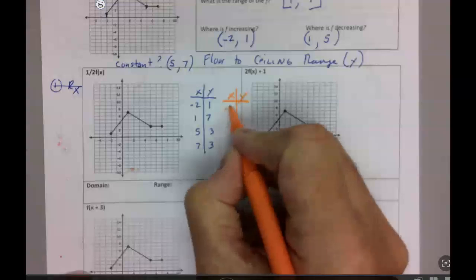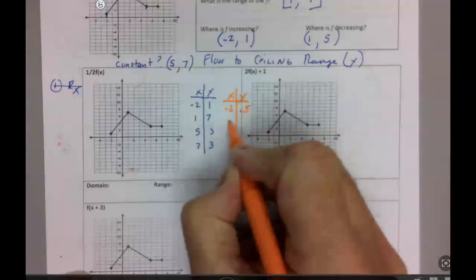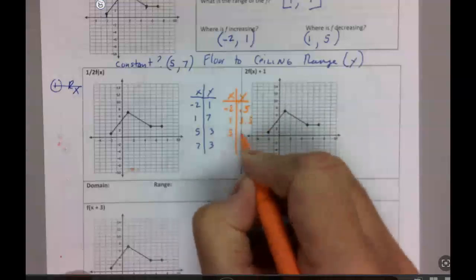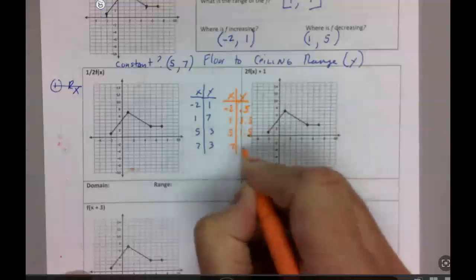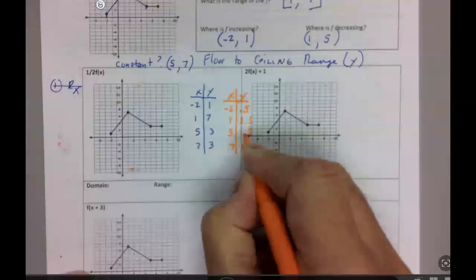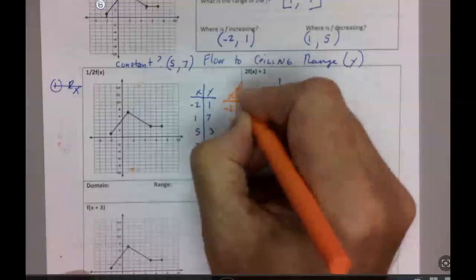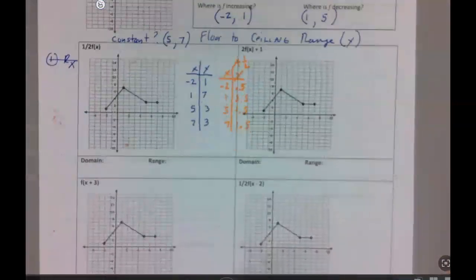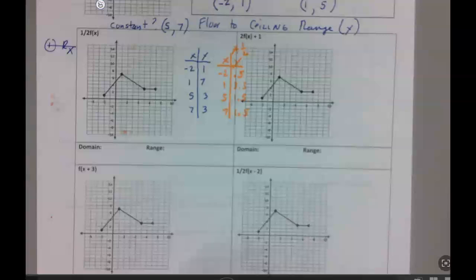So negative 2, 0.5. 1, 3.5. 5, 1.5. 7, 1.5. So I multiplied every one of these y values by 1/2. Okay? Yes or no?